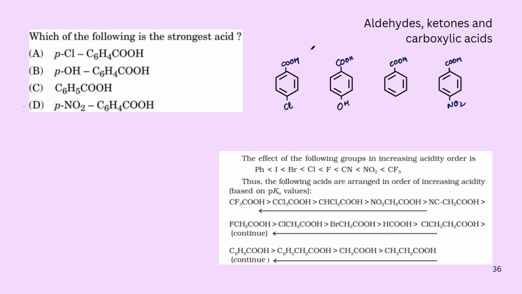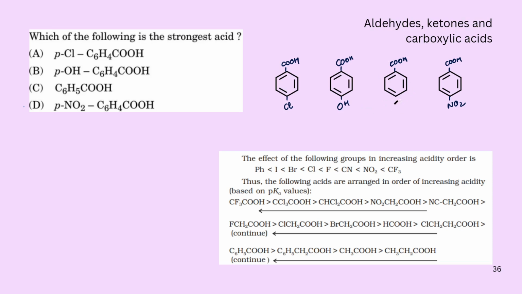The next question: which of the following is the strongest acid? We've been given these four, which I've written over here. You have COOH with Cl, COOH with OH, just the COOH, and then COOH with the NO2 group. Amongst all of these, chlorine and NO2 are both electron withdrawing in nature, and they will help stabilize the carboxylate ion which is formed. OH, on the other hand, is an electron releasing group, so it will not help stabilize the ion.